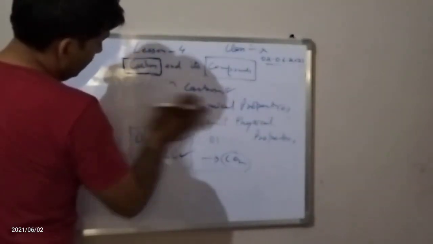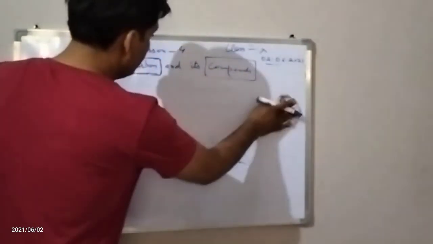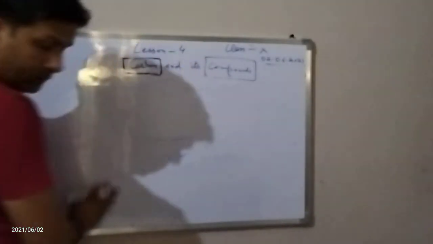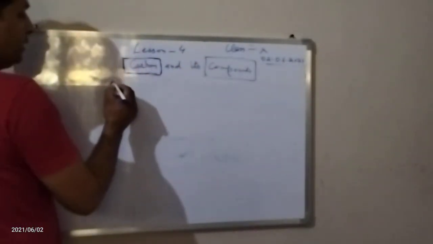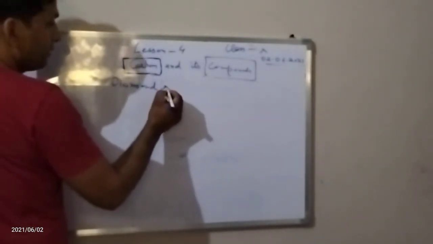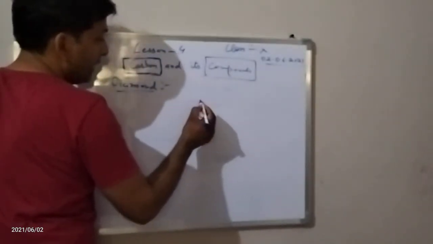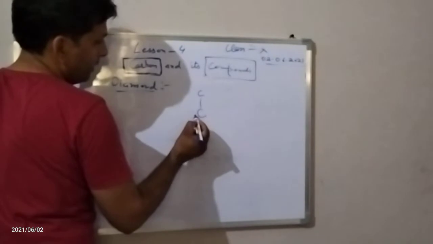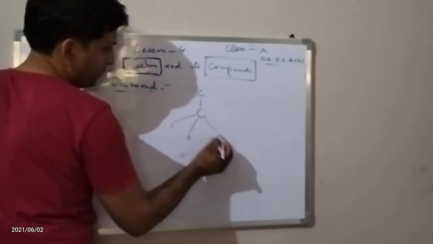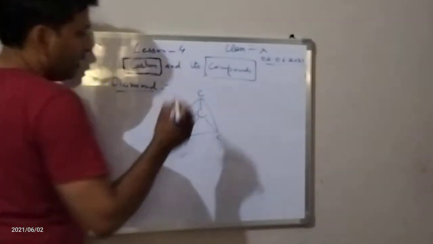Now we are going to study the structure of these two allotropes of carbon. Firstly, let's talk about diamond, which is the hardest substance. In the structure of diamond, one carbon atom is bonded to four other carbon atoms, forming a tetrahedral structure, which is the hardest structure.